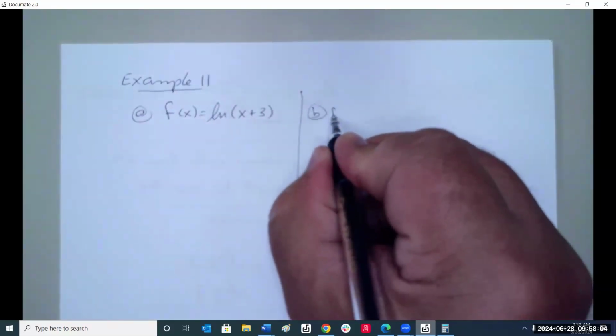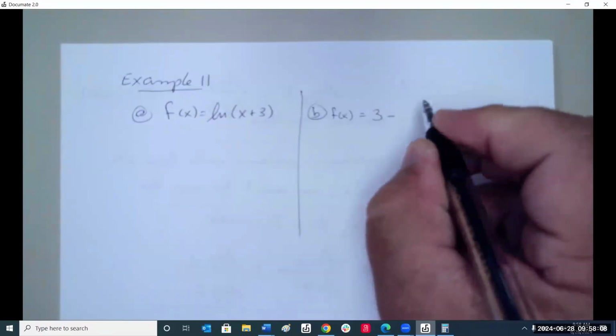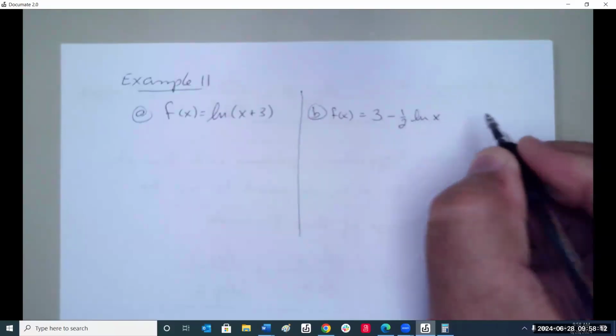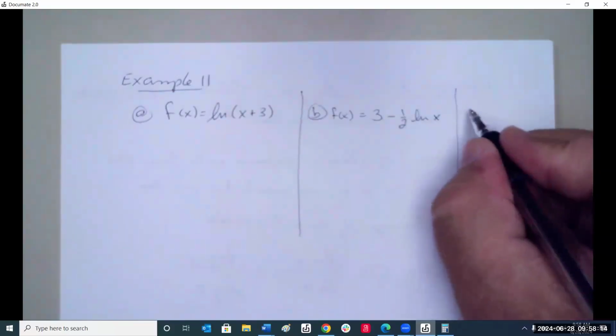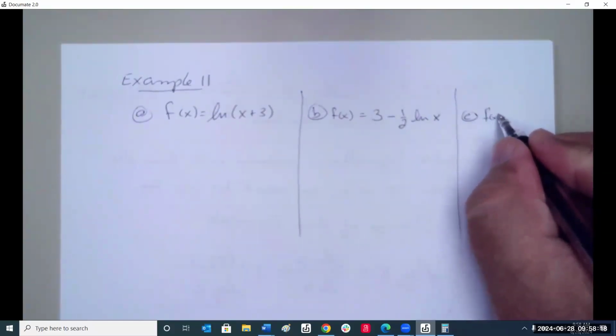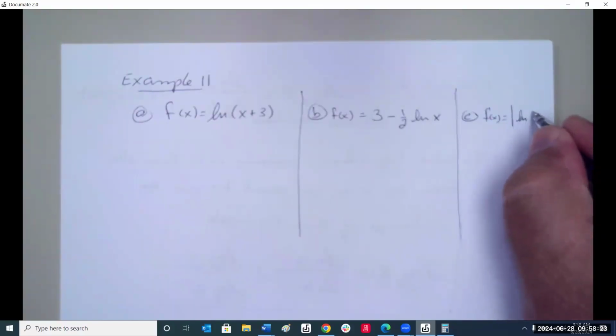B, f of x equals 3 minus 1/2 ln x. And C, f of x equals absolute value of ln x minus 1 absolute value.